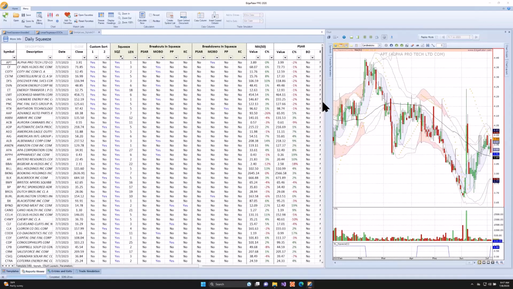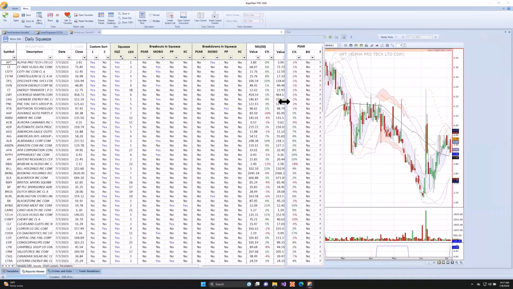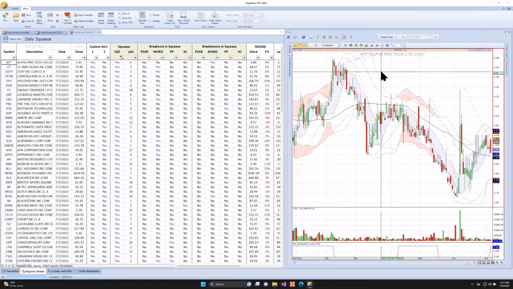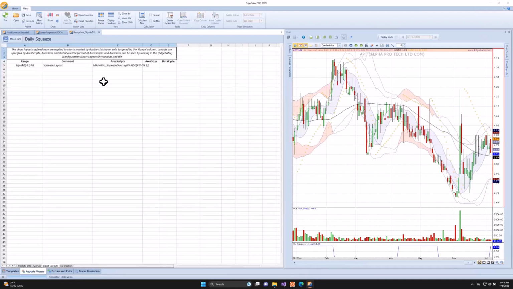So you may have noticed that every time I run a template, my chart layout gets updated. This time, the indicators that I've got on the chart are indicators relating to this template. And how that works is that whenever somebody writes a template, anyone can write a template, mainly so far it's been EdgeRater, we configure particular layouts that we think are appropriate for a technique.